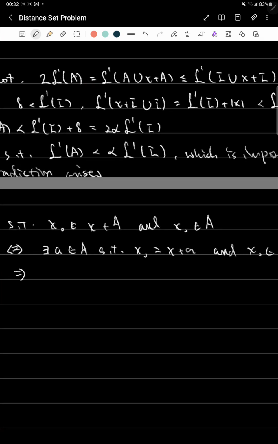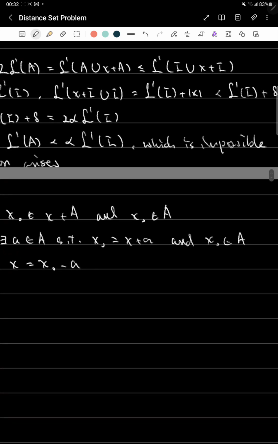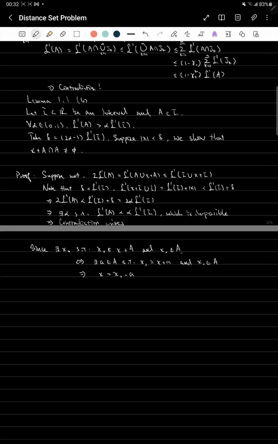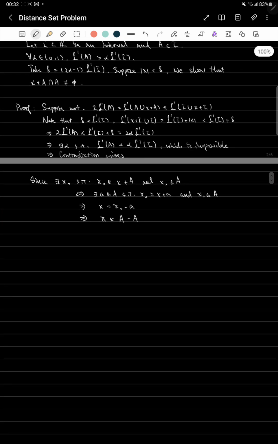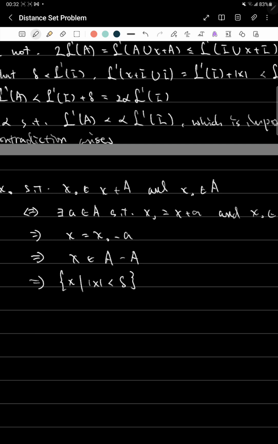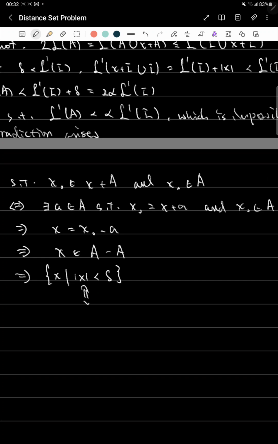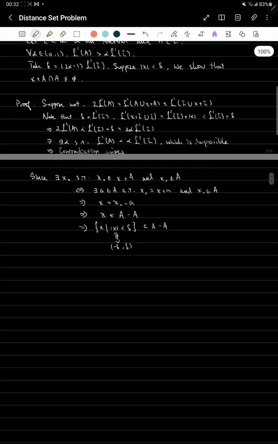Hence, x is actually x0 minus a. As we have that x0 is an element of A, and a is an element of A, we have that x is an element of A minus A. And by the previous assumption, we know that the set like this is a subset of A minus A, which yields the theorem that we desire.